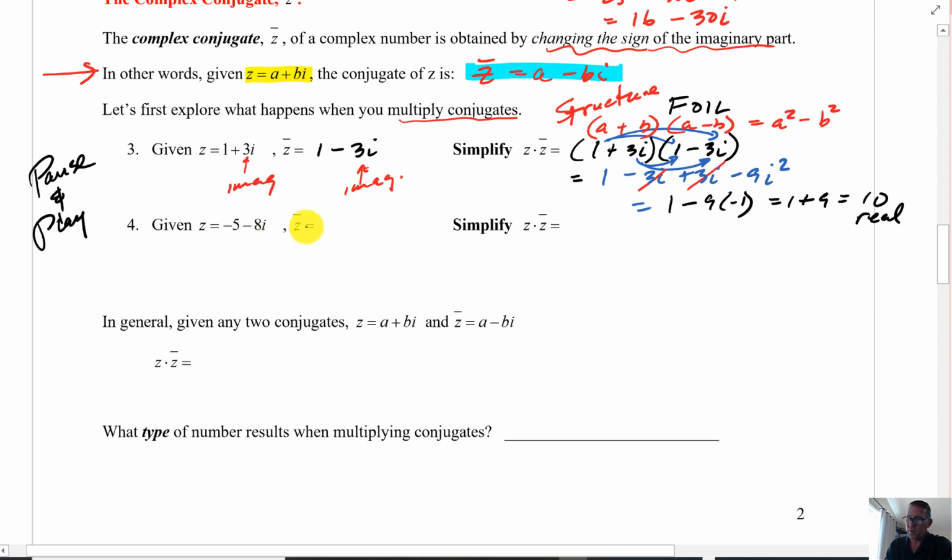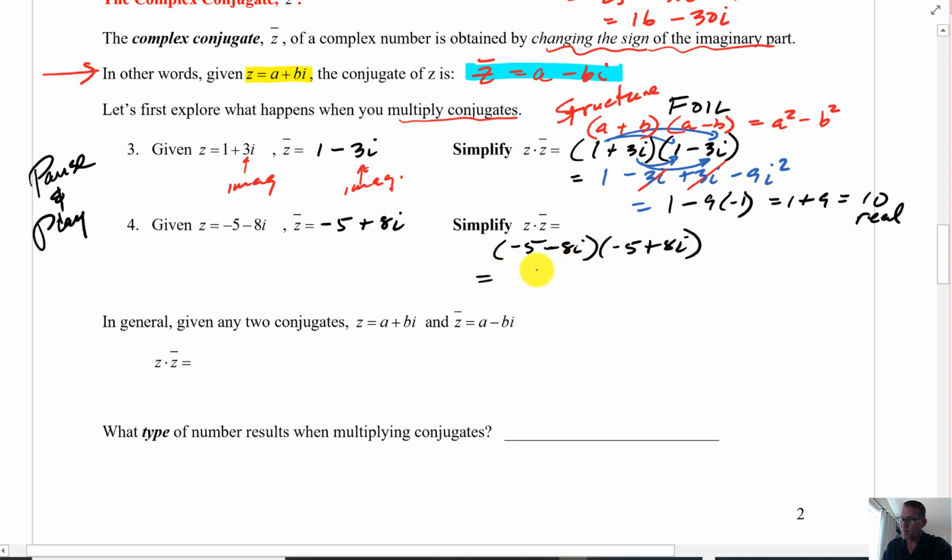Okay, so I'm assuming you're pausing and playing here. Let's check your work. The conjugate of z is negative 5 plus 8i. Again, you go from minus to plus. That's all you do. And the real part stays the same. So here when we take this product, negative 5 minus 8i times negative 5 plus 8i, what happens?